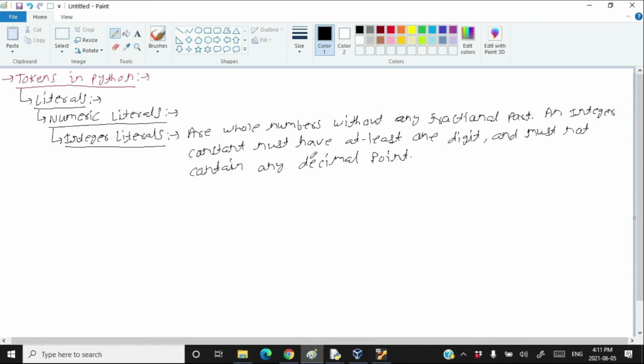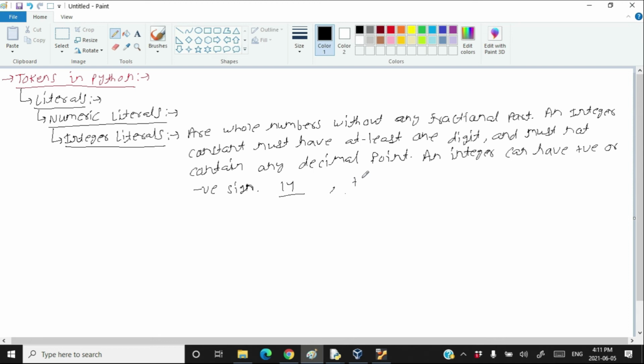An integer can have a positive or negative sign. If you write an integer without any sign, that means if you just write 14, then an integer without any sign is considered a positive number.